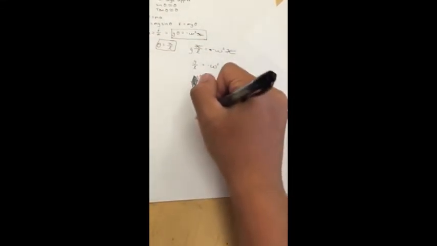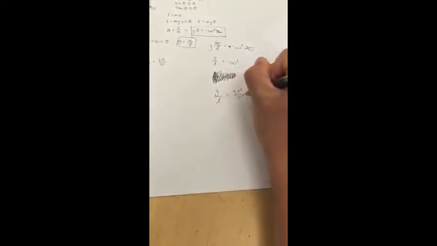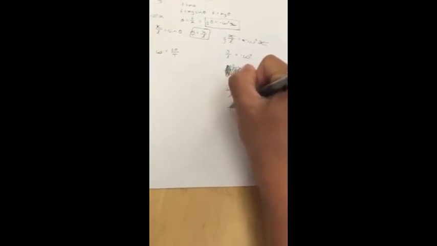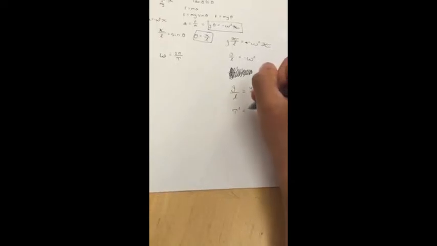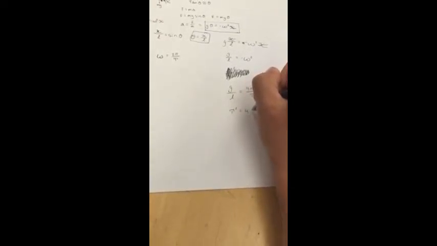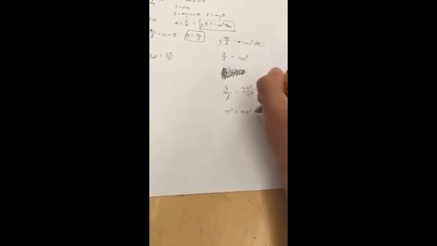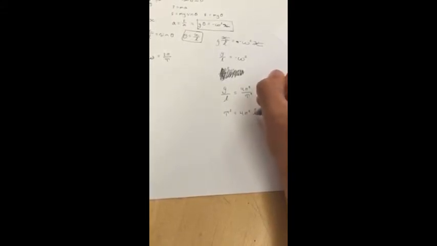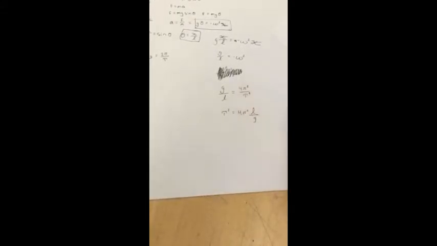So using algebra and manipulating this further, we have period squared equals 4 pi squared times L over g.